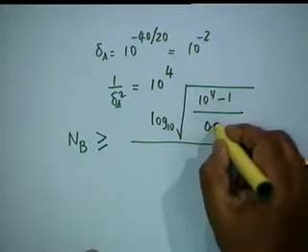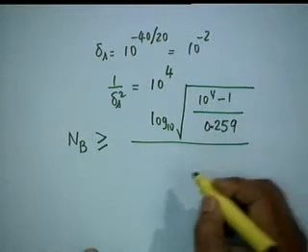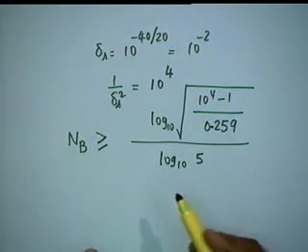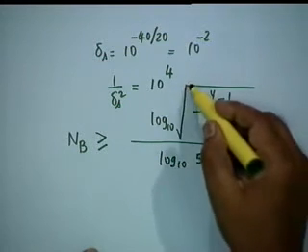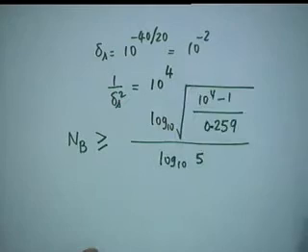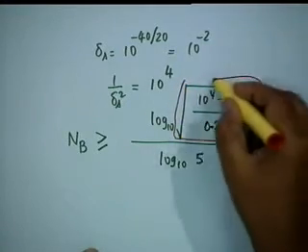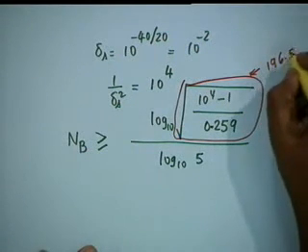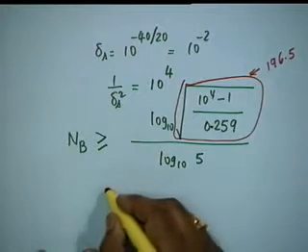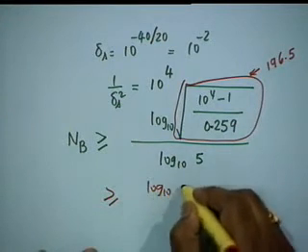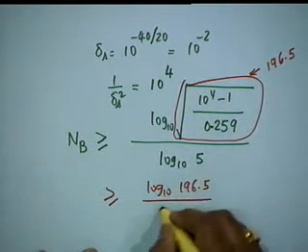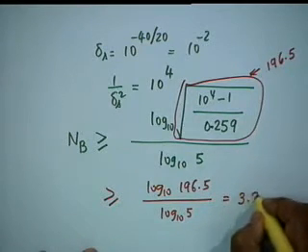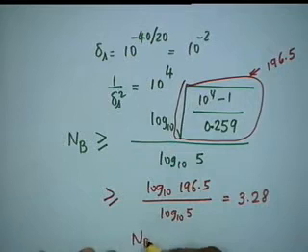So it will be simply 0.259, and divided by log 10 of 5. This quantity, we shall need it for Chebyshev also. So let us calculate this as 196.5 in my calculator. So n sub b should be greater than or equal to log 10 196.5 divided by log 10 5, and this is exactly equal to 3.28. Therefore n sub b is equal to 4.